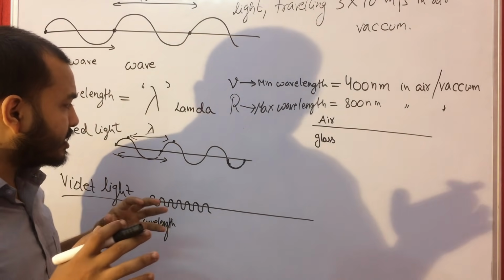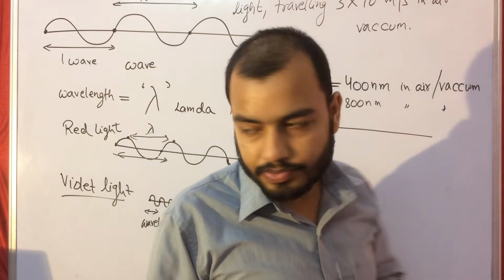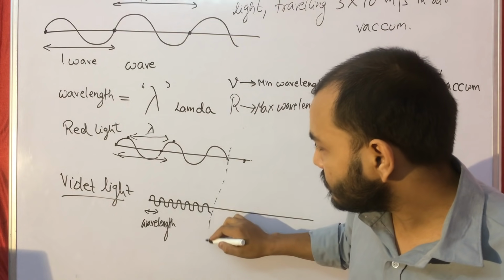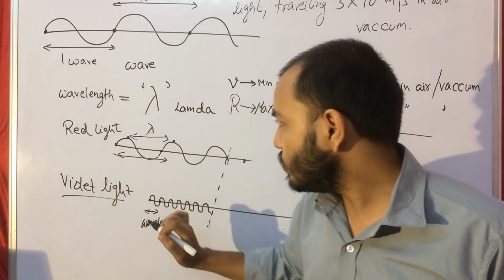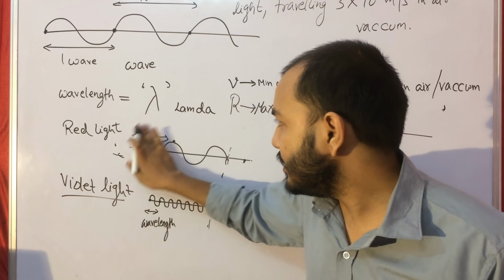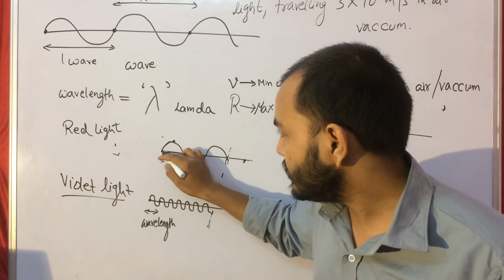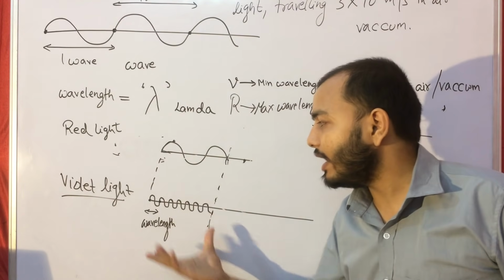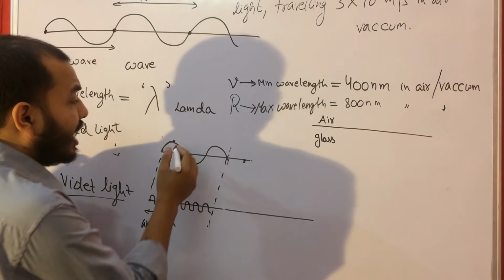But you will ask, how is that going to happen? Suppose they have to travel an equal distance. Yes, approximately equal distance. Let me make it equal. Is that equal? Yeah, that's it. So red and violet travel an equal distance, fine. But red has a large wavelength.